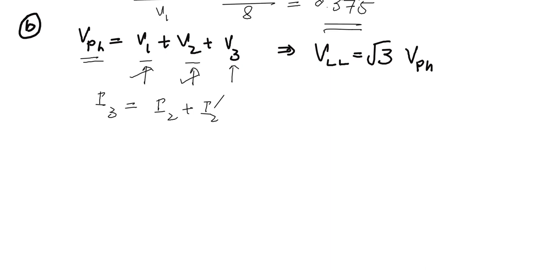Again, we will apply the same rule as earlier to determine the currents. So I3 will be equal to V3 multiplied by j omega C, as the capacitance is C, and I2 will be equal to V2, that is the voltage across the middle insulator, multiplied by j omega C.